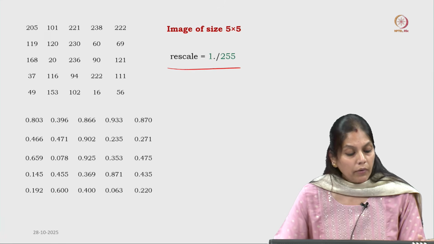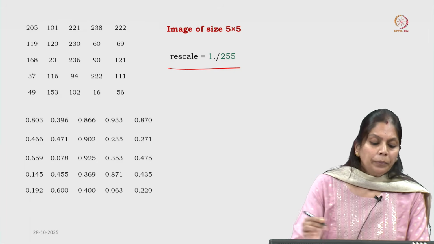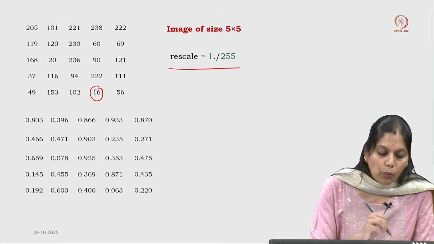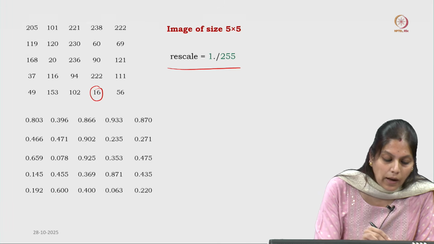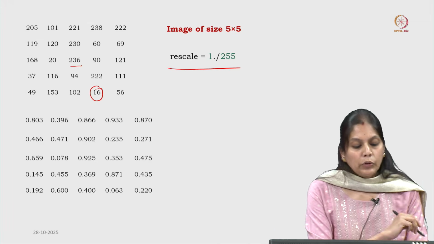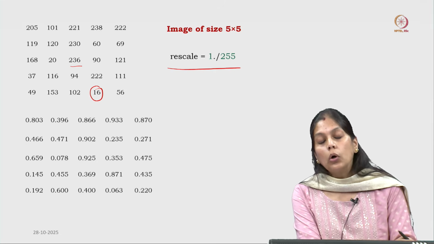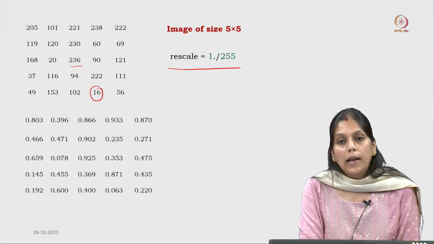Likewise, when you look at this image, there is one pixel value which is very small and one pixel value which is very large. So, to avoid unintentional bias here also, we are going to normalize it.